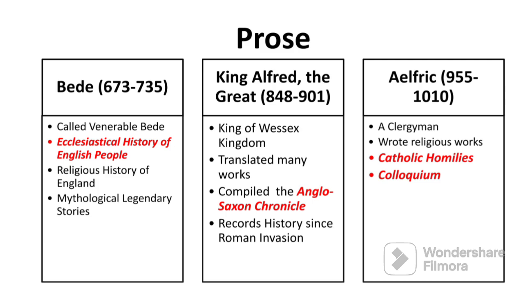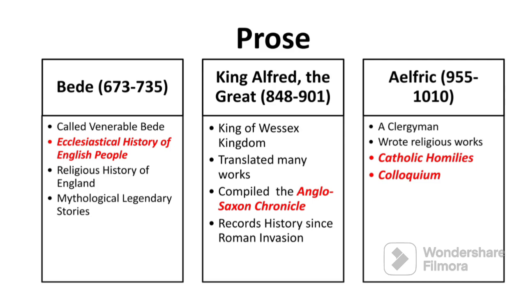So it talks about the religious history of England. It talks about the arrival of Christianity, how the first king, Ethelbert, was converted by Saint Augustine. It talks about all of that, and it also talks about mythological legendary stories; King Arthur's name we find in Bede's work only.